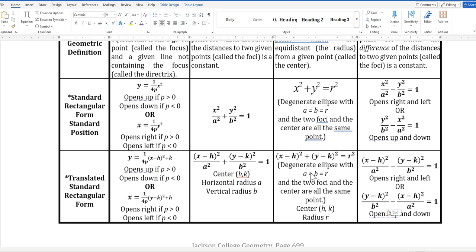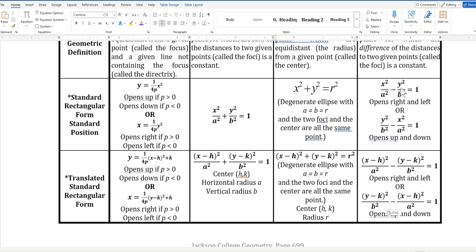If we have a hyperbola with center at the origin, then that's going to be x squared over a squared minus y squared over b squared equals 1, or y squared over b squared minus x squared over a squared equals 1. Notice how I always leave a associated with x and b associated with y, both in the ellipse and the hyperbola. It makes things much easier. Some people do it a slightly different way, but I think this is much better and easier to keep track of.